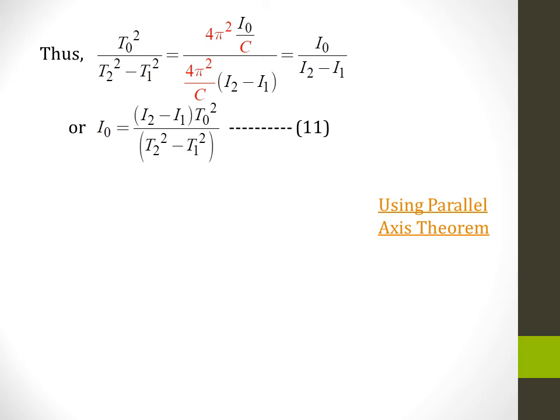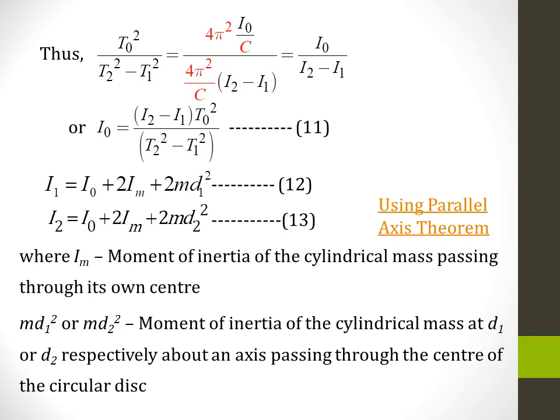Using the parallel axis theorem, we write down expressions for I1 and I2. I1 is given by I0 plus 2Im plus 2M d1 square, called equation 12, and I2 is given by I0 plus 2Im plus 2M d2 square, represented by equation 13.